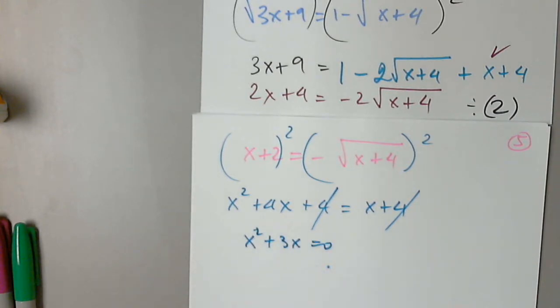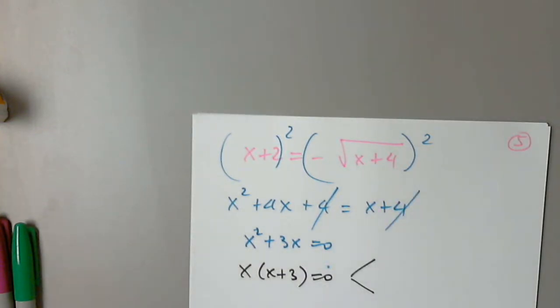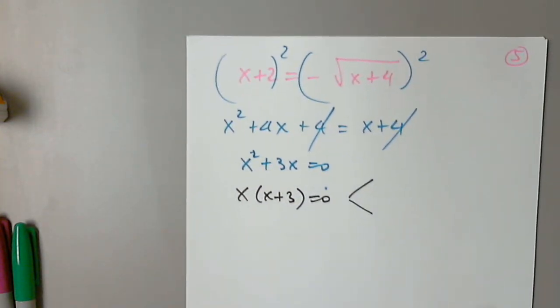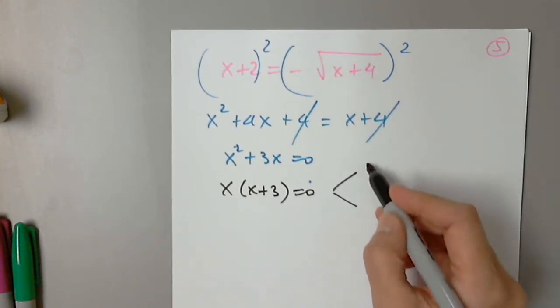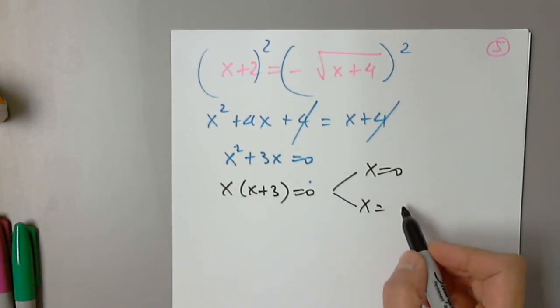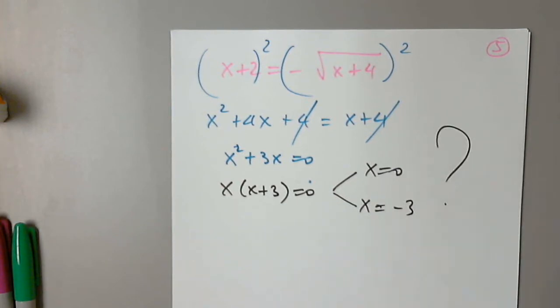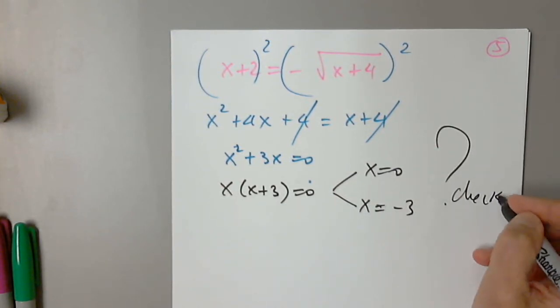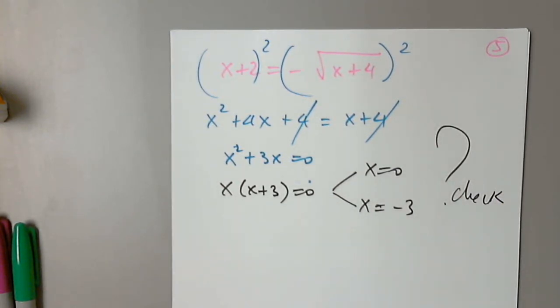It's in descending order. Greatest common factor. Very good. And we expect 2 solutions because it's quadratic. And what do we get? Very good. x equals 0 and x equals negative 3. I'll let you check. Please go back and check and see which one works.